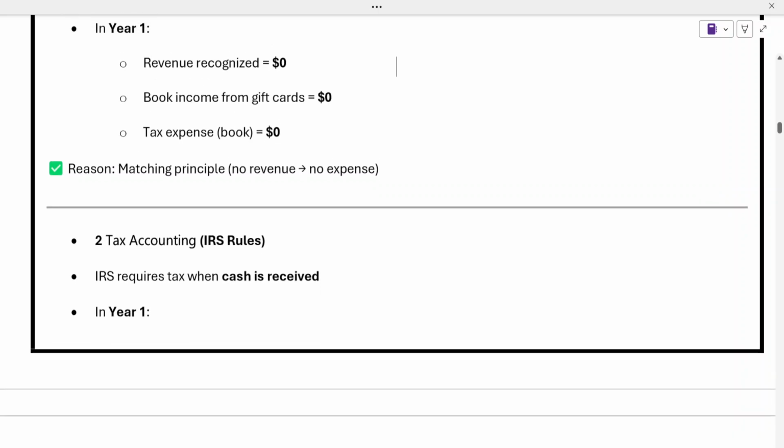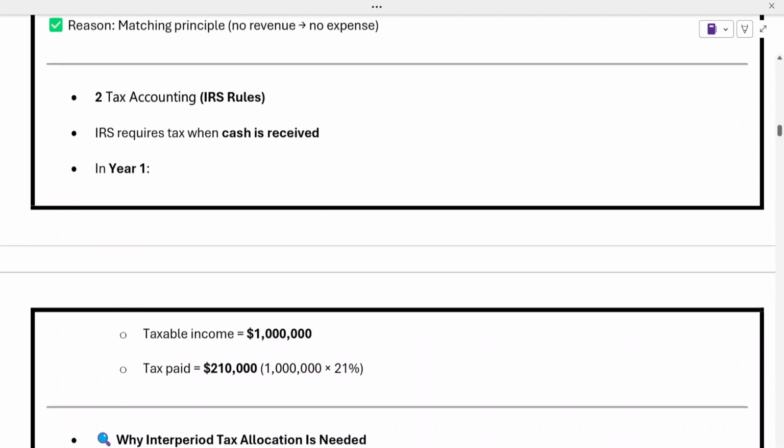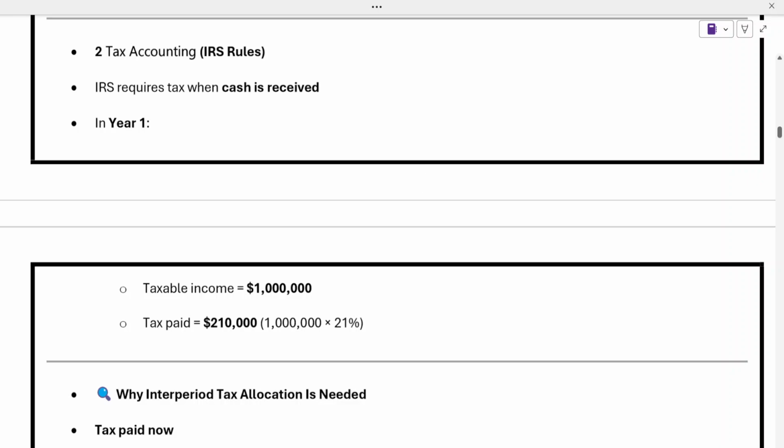Now, as per the tax rule, what will happen? The tax rule simply says that when cash is received, the taxes should be charged. So in year one, when Apple has sold those gift cards but people have not redeemed them, despite people not redeeming, income tax will say that your taxable income is $1 million.